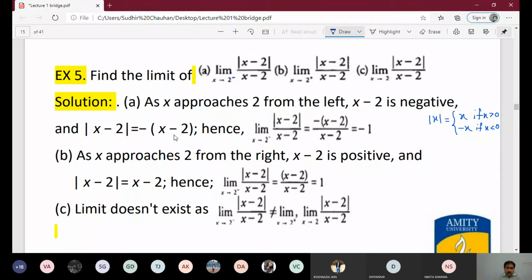Whatever is in the mod, whether it is positive or negative, it will remain positive. So now, because it is slightly negative, we can put a minus sign before it, and then we can evaluate the limit. We can cancel x minus 2, so it will be minus 1. That is, the left hand limit is minus 1.